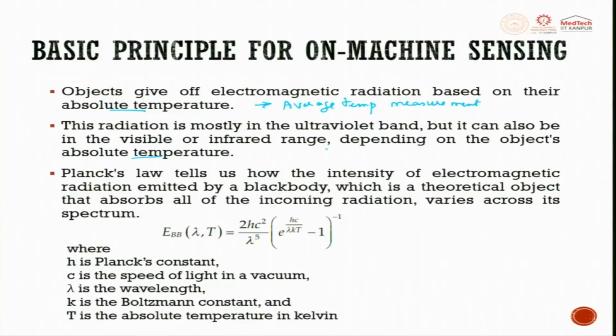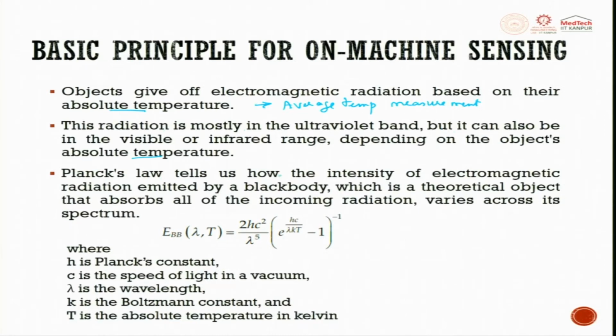Though the technology is known and we work on object temperature on the higher side, on the lower side the technology is not available so easily. So what I am trying to impress upon you is that higher temperatures can be measured, but if it is cooled down, it is not possible.